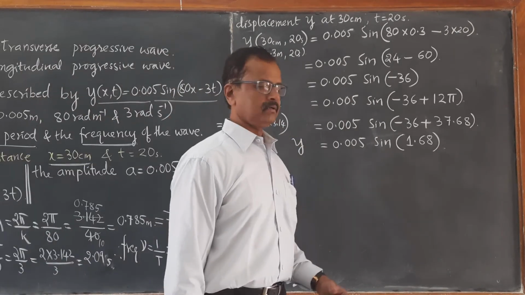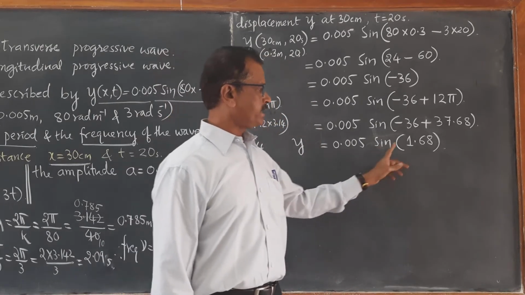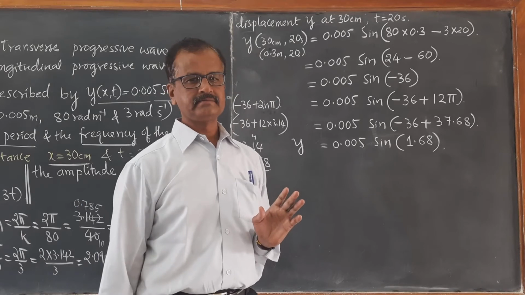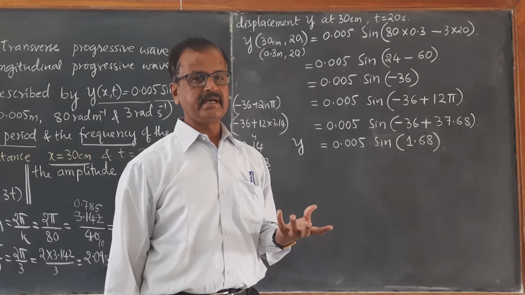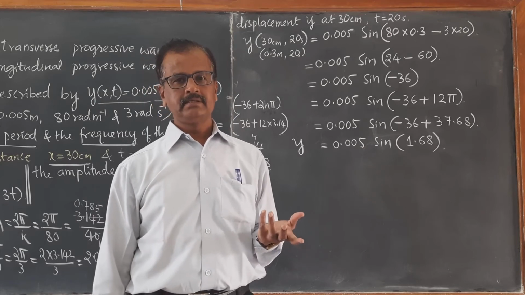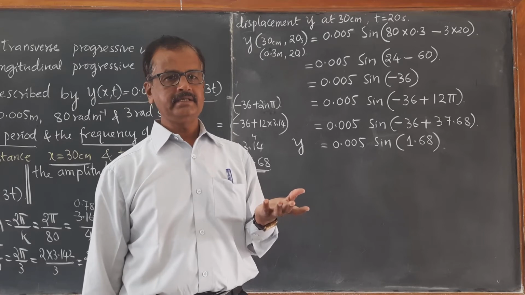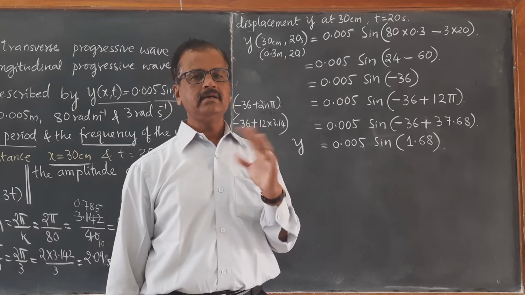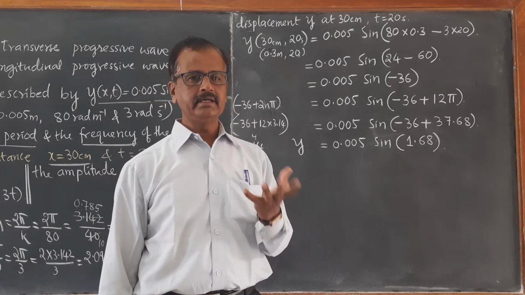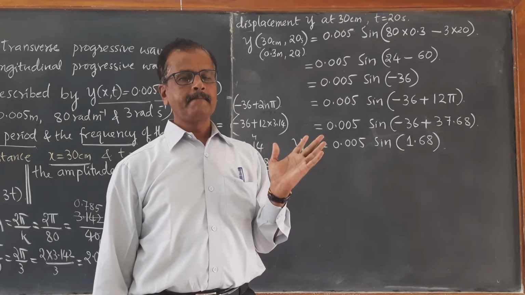From the table, or you can use a calculator directly. Sin inverse of 1 is 90 degree. It means the angle should be more than 90 degree. It will be an obtuse angle, right? It is no more a right angle, not even an acute angle. It will be the obtuse angle.